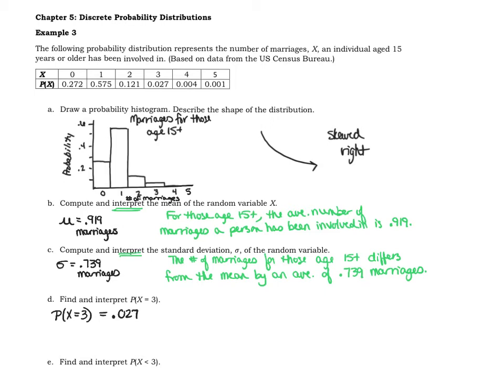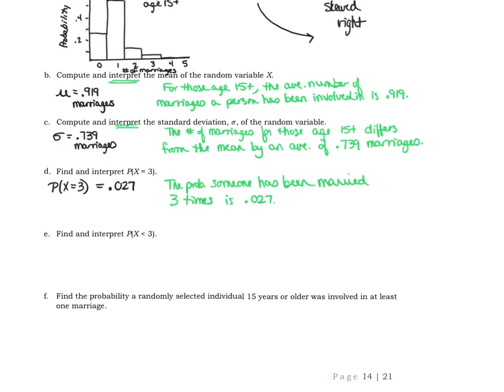Okay, so the interpretation is the probability someone has been married 3 times is 0.027. Okay, because remember x is the number of marriages. Okay, probability that they've been involved in 3 marriages, or more commonly, they've been married 3 times.